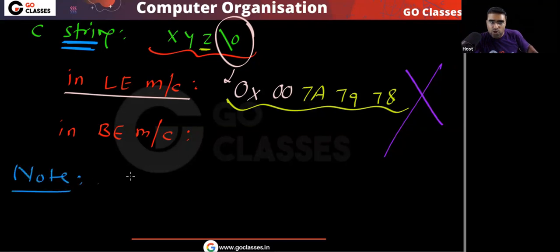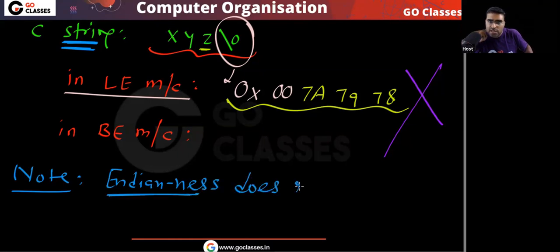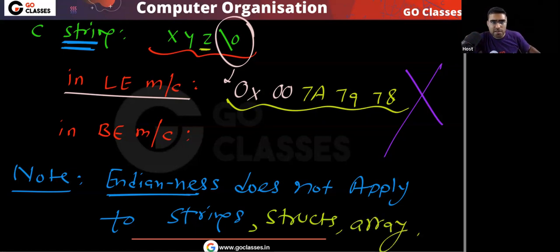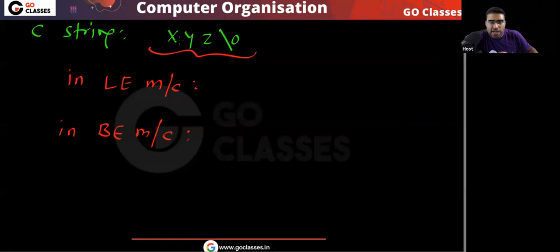Because if you remember, I told you this Endianness concept does not apply to strings, structs, or arrays. Is this clear? Remember, the concept of Endianness cannot change the order of these elements.